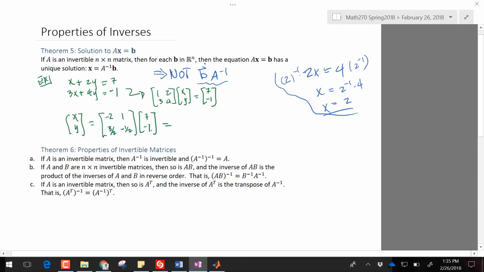negative 7 minus 1, that's negative 8, and then 21 halves plus a half, 22 halves.